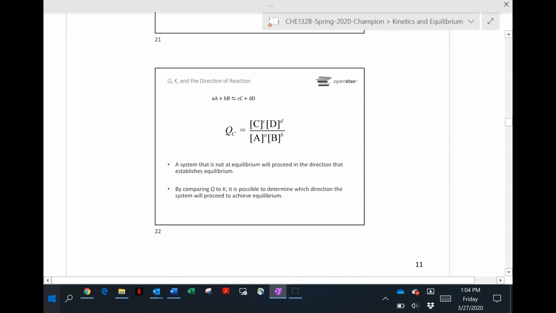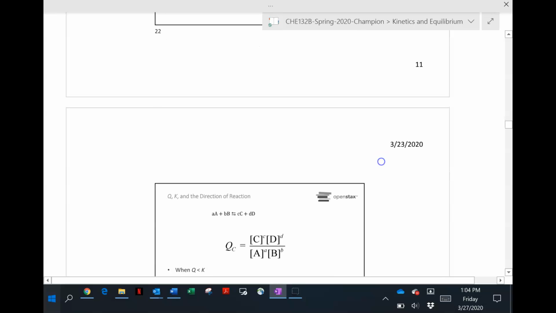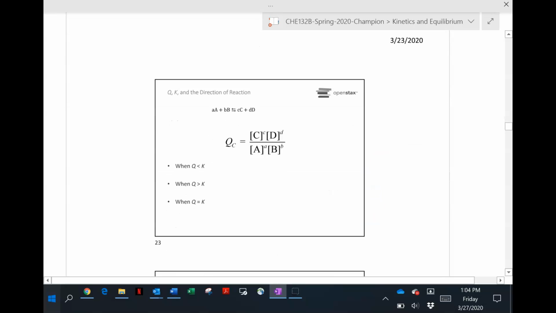So if a system's not at equilibrium, it's going to proceed in a direction that establishes equilibrium. If we look at the value of Q and compare it to K, we can determine which direction we have to go. If Q is less than K, that means the number on the bottom is too big and the number on the top is too small.